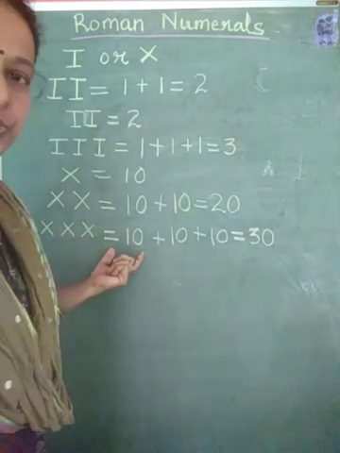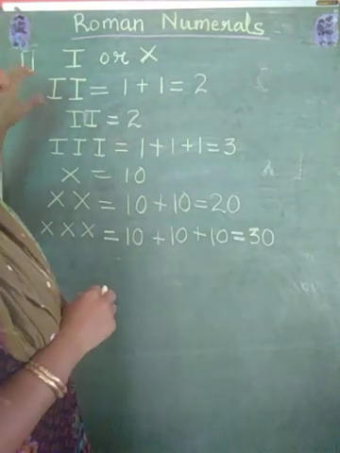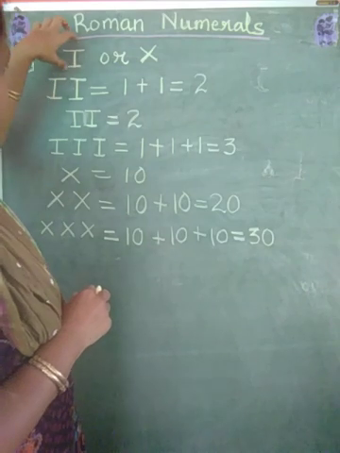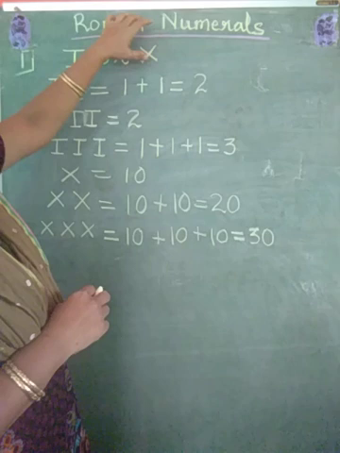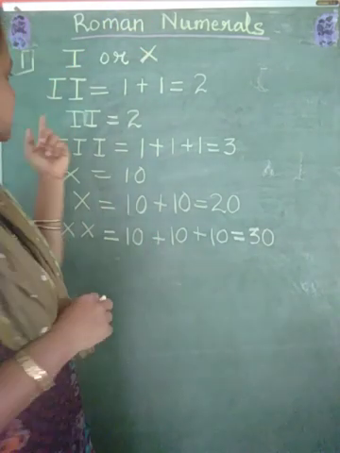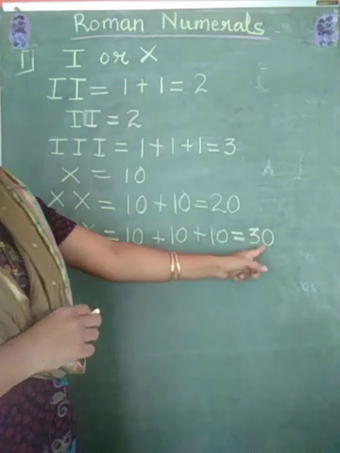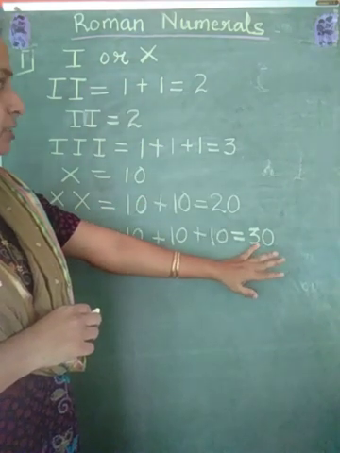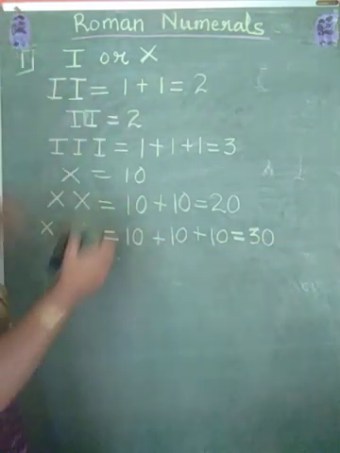So I hope you have understood rule number 1, how to write these Roman numerals. That is, if either of I or X is written consecutively 2 or 3 times, the sum total will be the number they make. I hope you have understood this rule. Now let us go to the next rule.